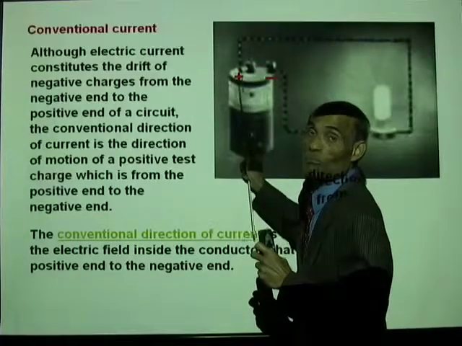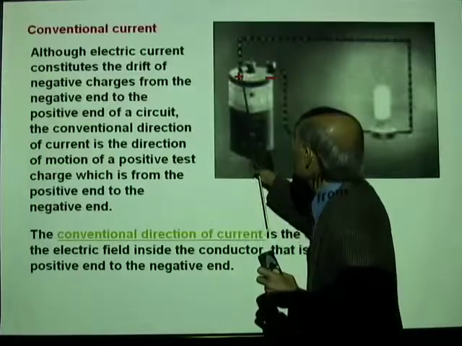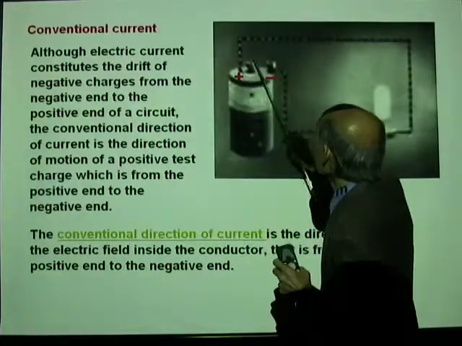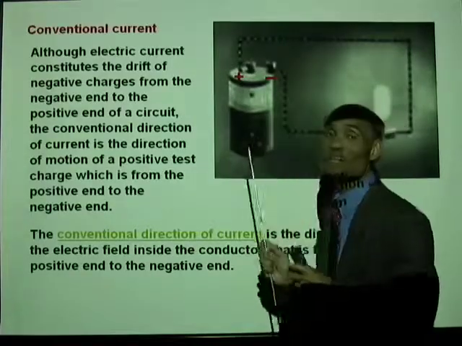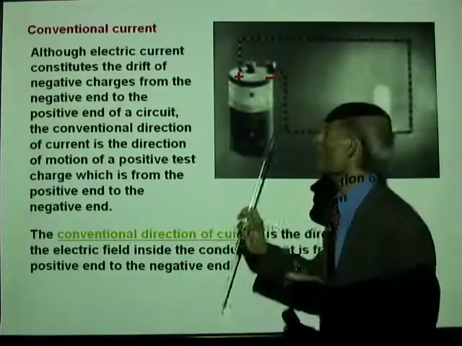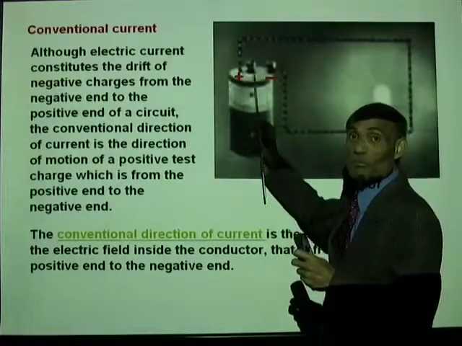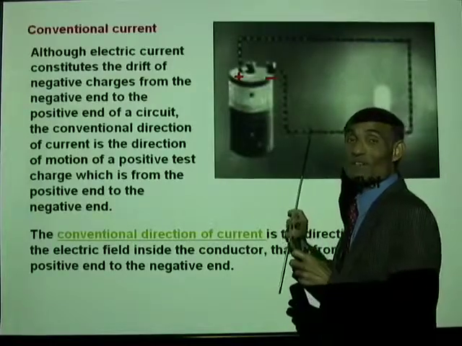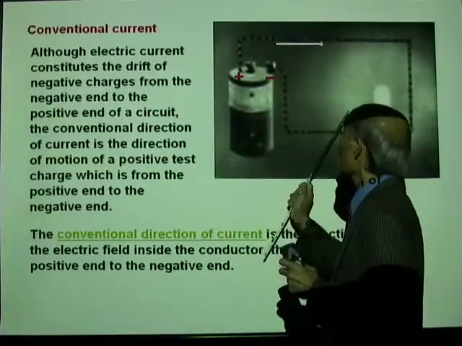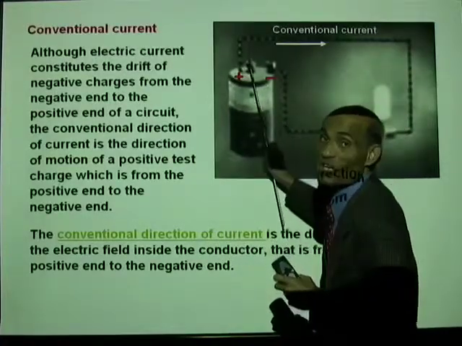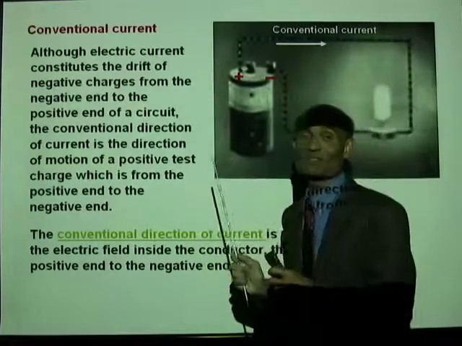One will have positive potential, the other will have negative potential, and when you connect the positive to the negative externally by means of a conducting wire, then an electric field will propagate from the positive to the negative, causing electrons to drift from the negative to the positive. That means the conventional current will be from positive to negative.